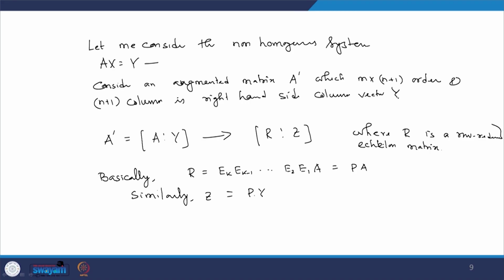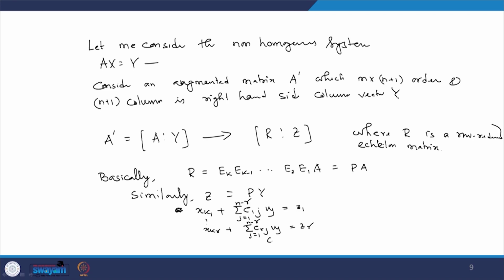Now, if R has exactly r number of non-zero rows, then it has m minus r zero rows. So, in that case I will have xk1 plus sigma c1j uj, j equal to 1 to n minus r, equal to z1, and xkr plus sigma crj uj, j equal to 1 to n minus r, equal to zr.